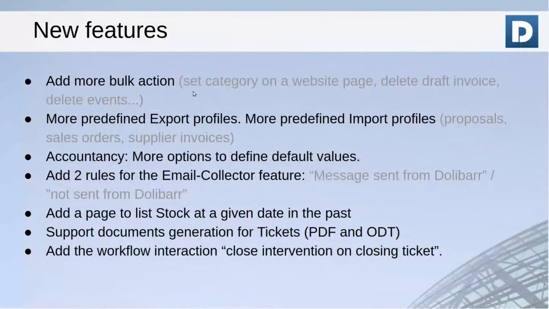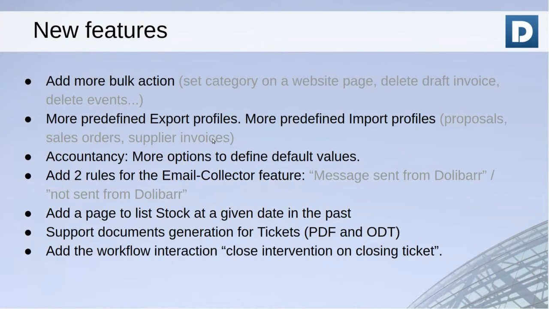Then there are also a lot more predefined export profiles and a lot more predefined import profiles. And there are important import profiles. For example, now you can import proposals, you can import sales orders, and you can import supplier invoices.